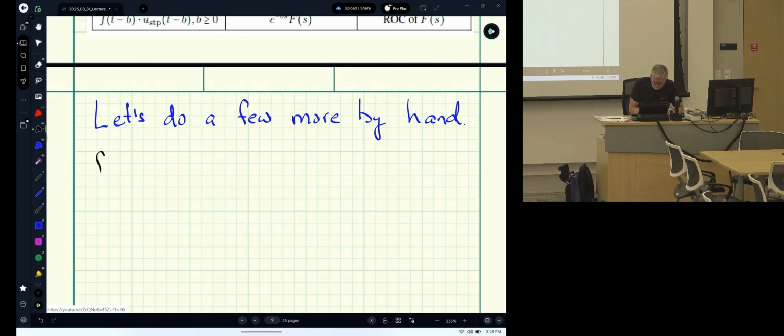Okay, let's take another function and make it e to the at times unit step of t. Now, the reason we multiply our functions by the unit step is that automatically makes it right-sided.